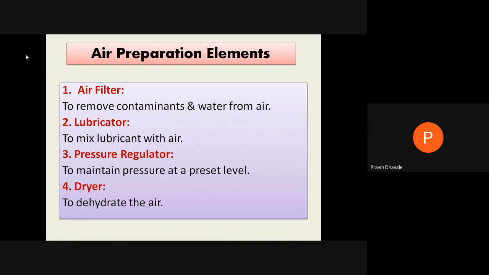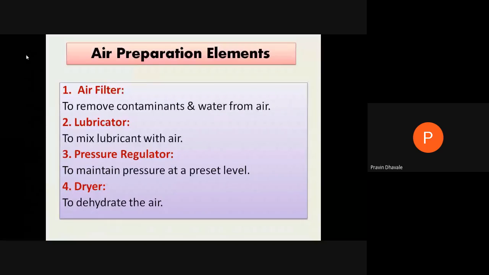Why is a lubricator required? Because in a pneumatic system we are using n number of devices that have relative motion between them. Whenever there is relative motion between two parts, there will be chances of friction, and because of friction between the two parts, there is a possibility of wear and tear.